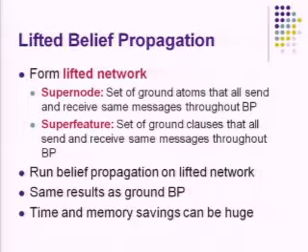Now I'm going to describe in more detail how to actually find these boxes and what these messages are. The basic idea in lifted belief propagation can be seen as 2 steps. The first one is lifted network construction, that is, constructing these boxes which we call supernodes or superfeatures. The name should be intuitive.